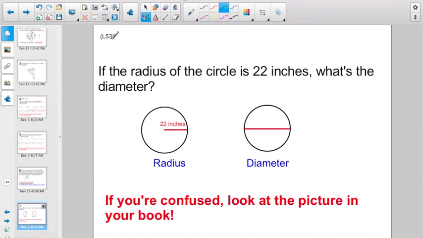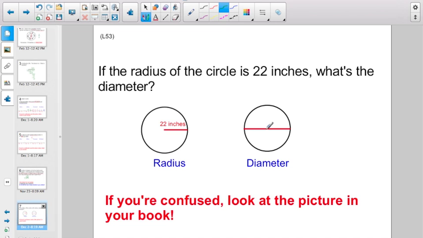Check out this guy coming at us from lesson 53, and if you're confused, there is a picture in your book on this lesson. And it's saying the radius of the circle is 22 inches. The radius is defined as the length from the center of the circle to one side of it. Halfway across is 22 inches.